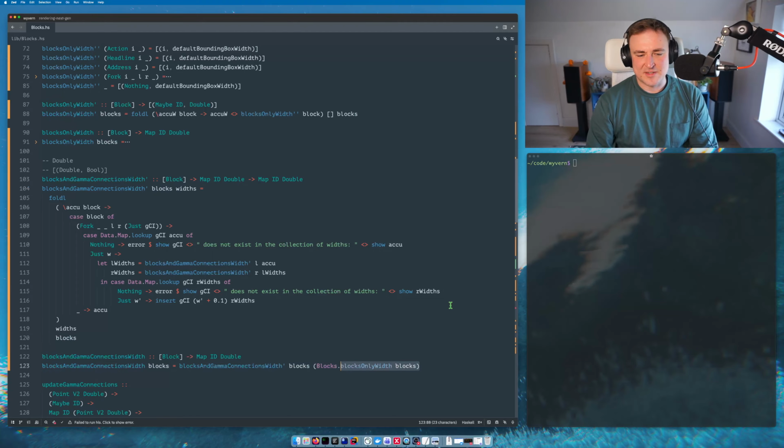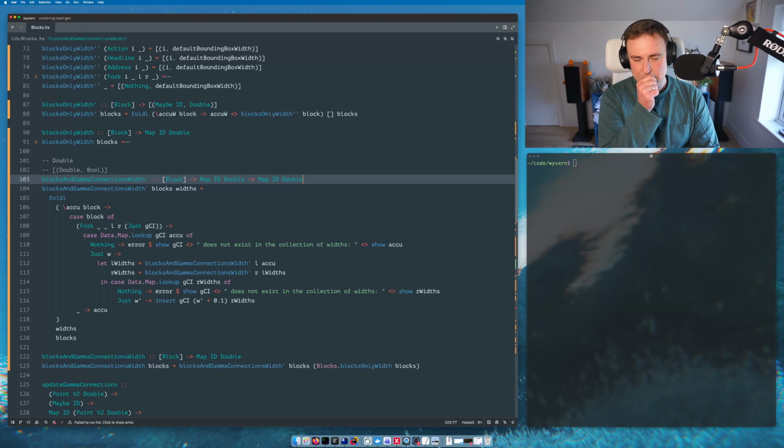This looks suspicious to me, but let's not do anything about it yet. Okay, let's take the plunge and change the type signature.